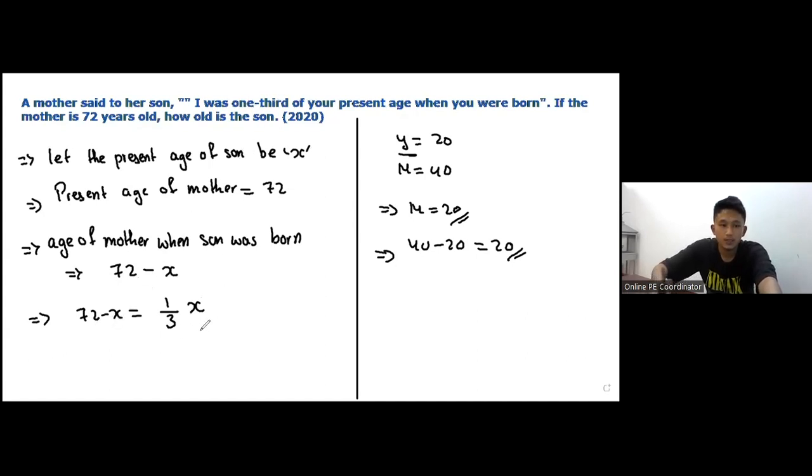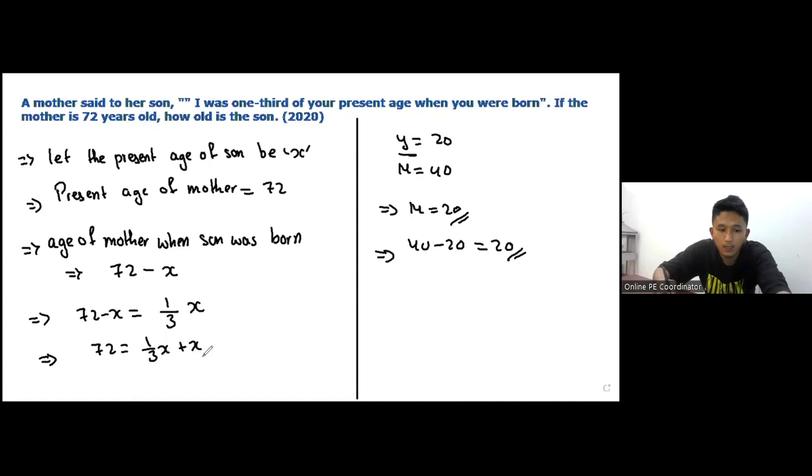Try to solve and find the value of x. You bring this x to the other side. 72 is equal to 1/3x plus x.